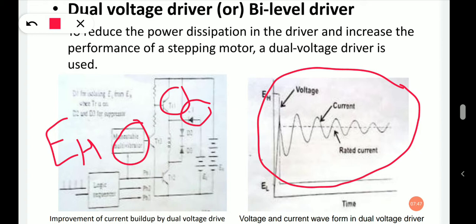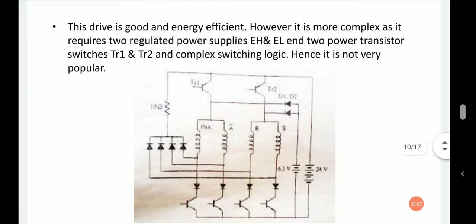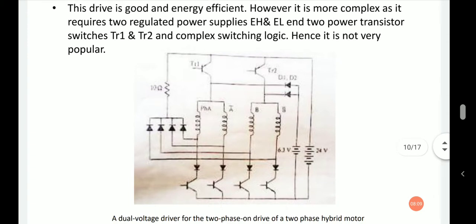When the dual voltage method is employed for the two phases on drive of a two-phase hybrid motor, the circuit scheme will be such as shown in the figure. Here this one is for two phases.